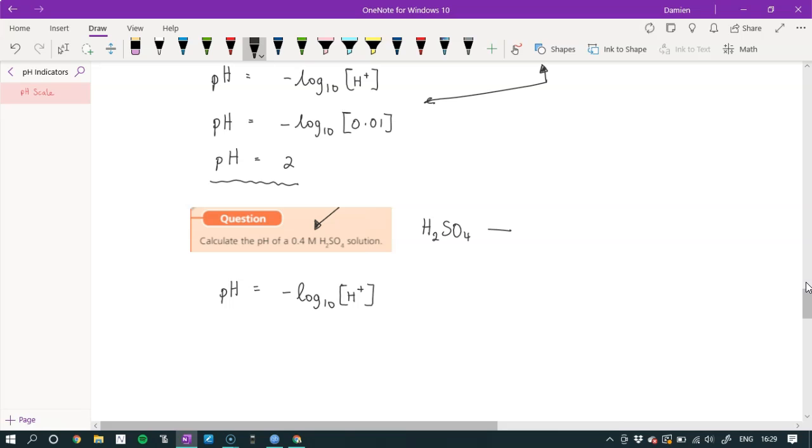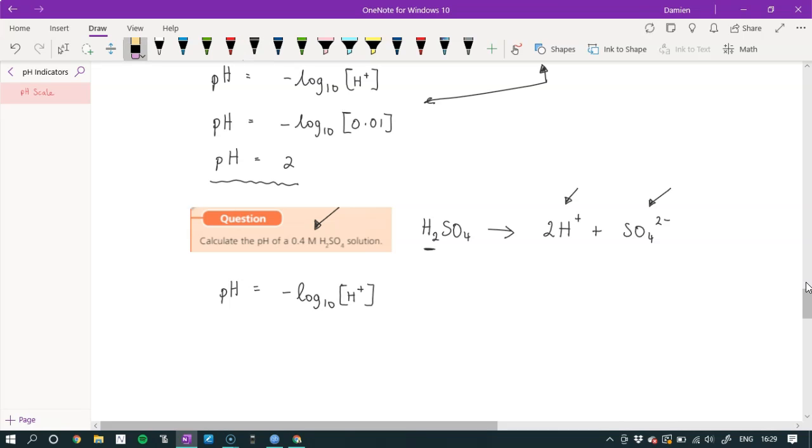So what does this form, H2SO4? Well, it will donate hydrogen ions, but how many of them? Well, it'll donate 2 of them. So we've got 2 H pluses plus SO4 dinegative. The sulfate ion is always dinegative. So that's why we have 2 H pluses to balance the charges out.